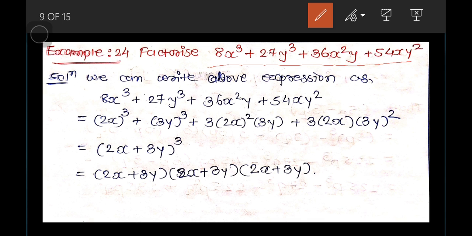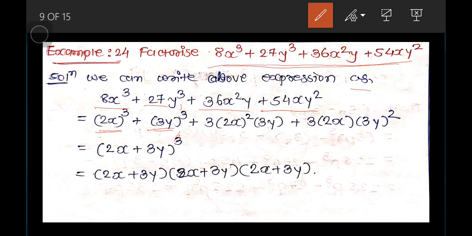So we can write the above expression as 8x cube plus 27y cube plus 36x square y plus 54xy square. Here x as 2x cube, y as, we know that the cube root of 27 is 3y cube. So here it is a and here it is b.